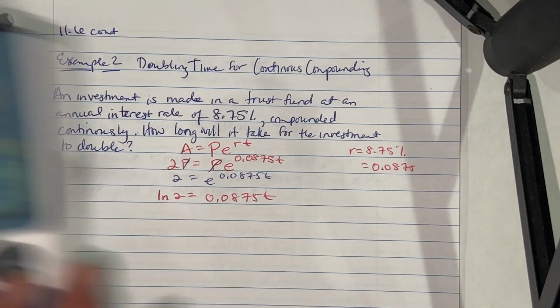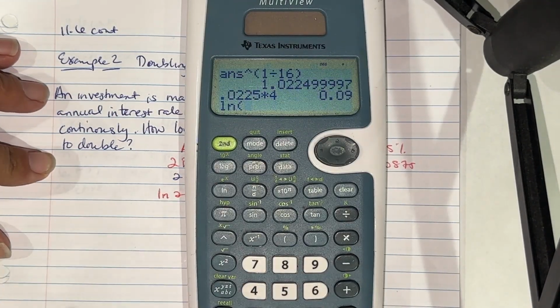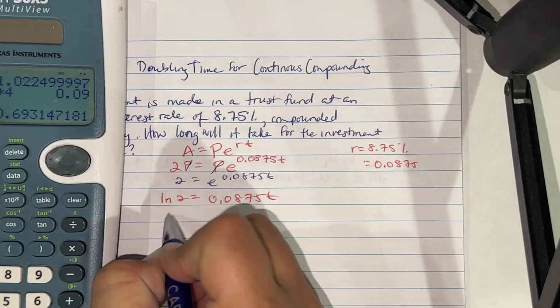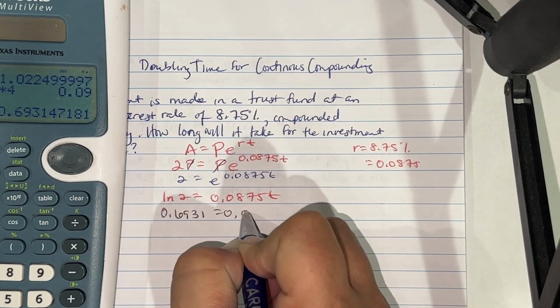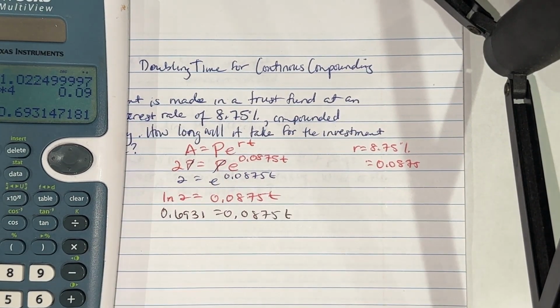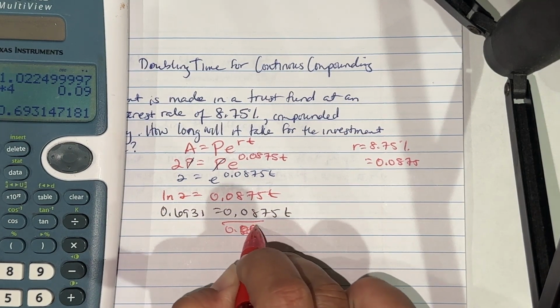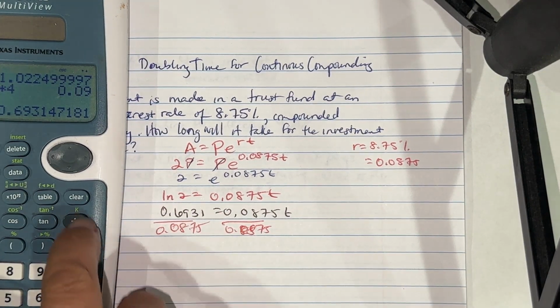With the calculator, we're going to find the natural log of 2, which gives us 0.6931 equaling 0.0875t. And then divide both sides by that value, 0.0875.